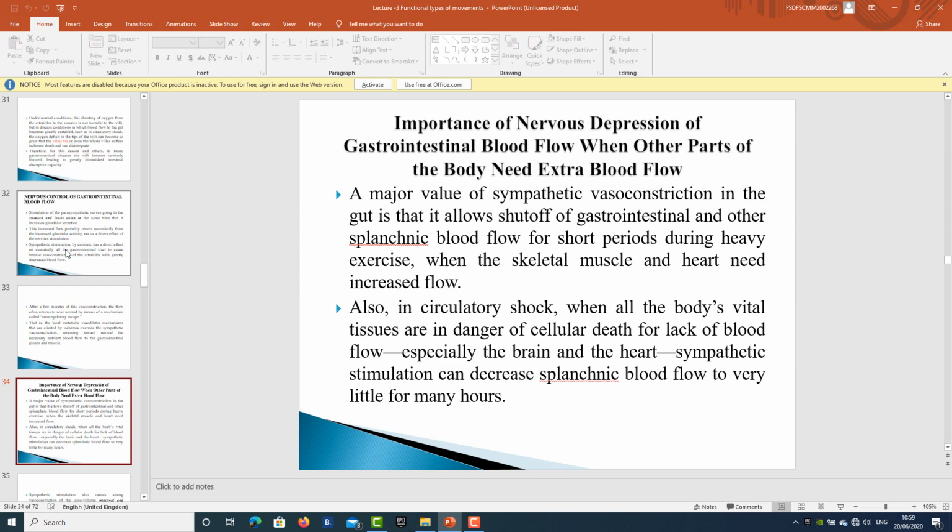Also in circulatory shock, when all the body's vital tissues are in danger of cellular death for lack of blood flow, especially the brain and the heart, sympathetic stimulation can decrease blood flow to very little for many hours.